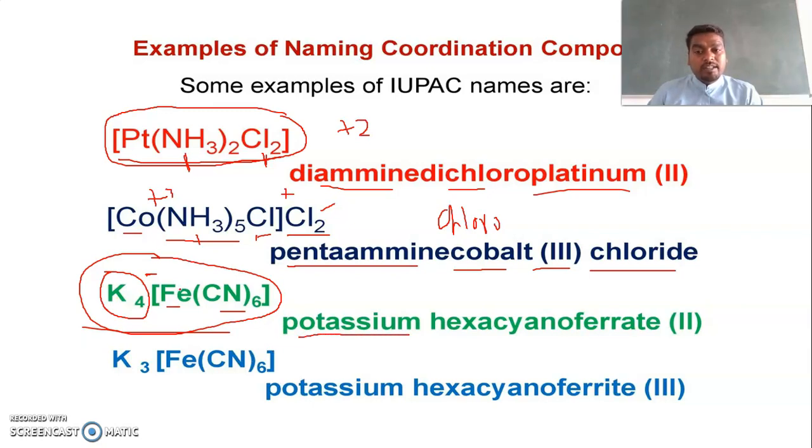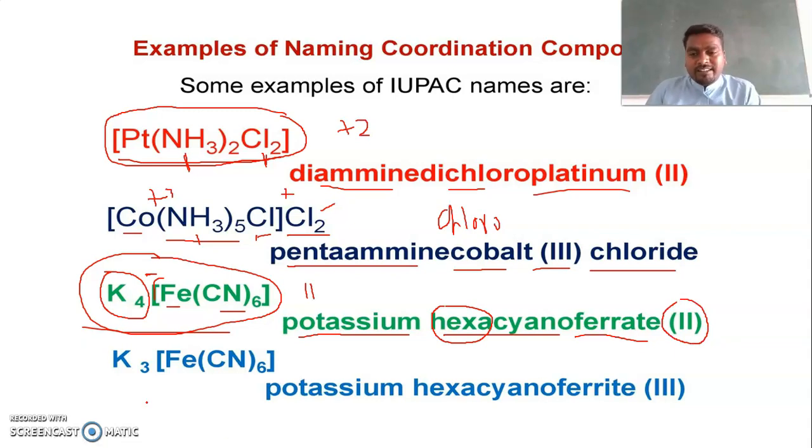Then in the coordination sphere, there are 6 ligands, that's why we use the numerical prefix. Hexa is the prefix here. Hexacyano, not iron but ferrate, because this is a negative complex. Ferrate 2, because the oxidation state of iron is 2. That's why we indicate it by Roman numeral 2.